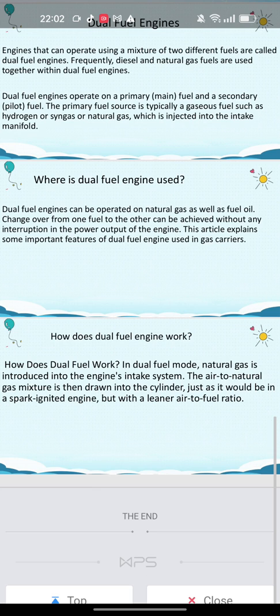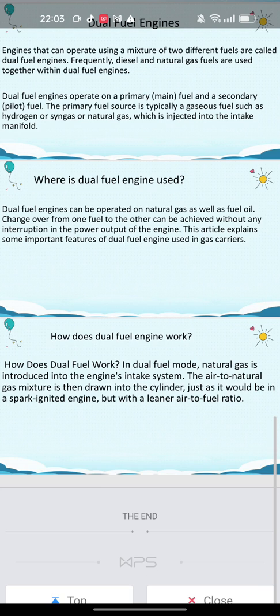How does a dual fuel engine work? In dual fuel mode, natural gas is introduced into the engine intake system. The air to natural gas mixture is then drawn into the cylinder just as it would be in a spark ignition engine, with a lean air to fuel ratio.